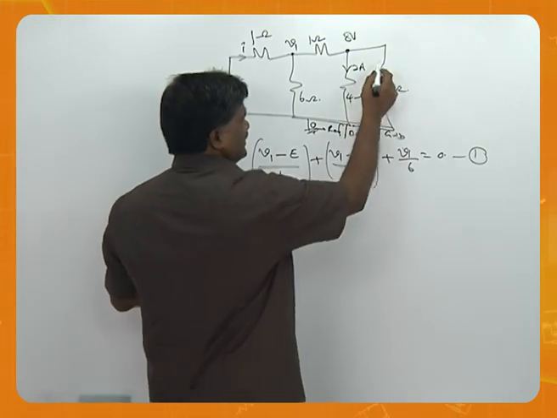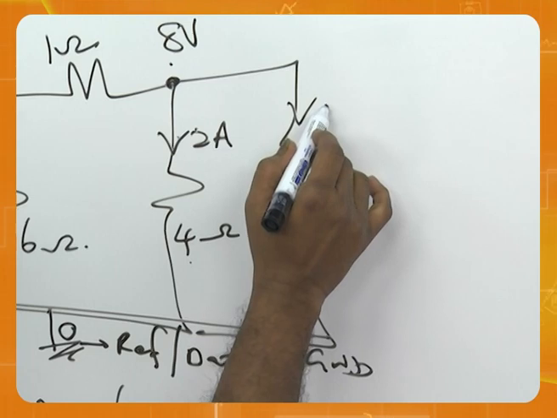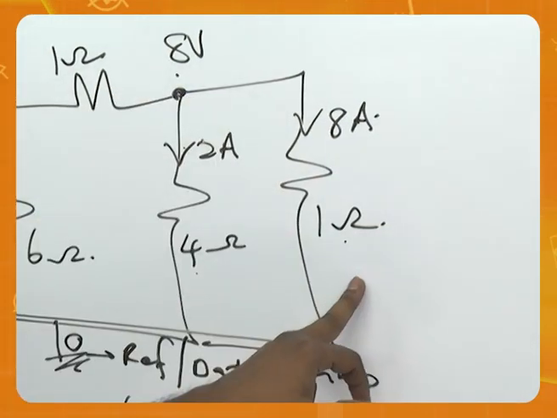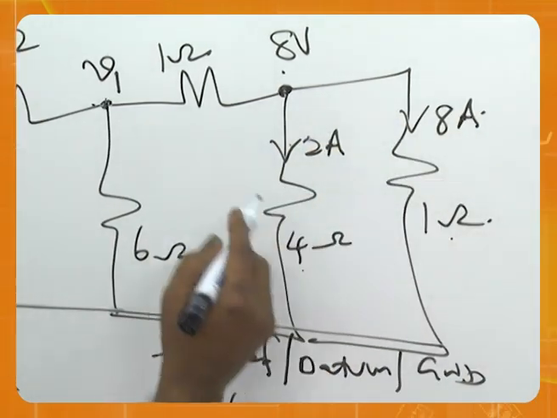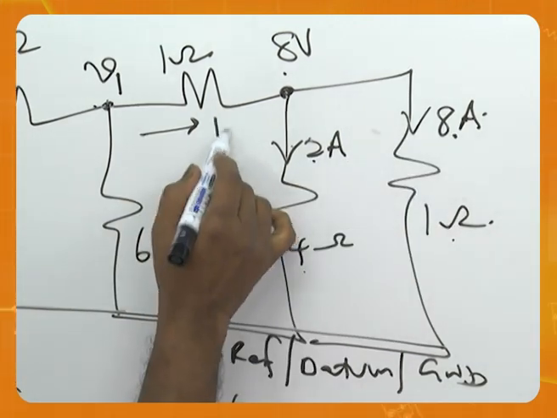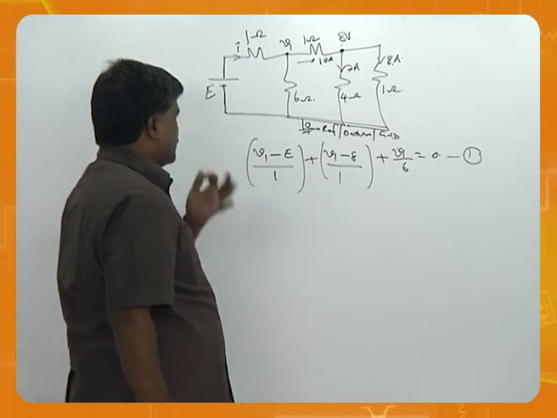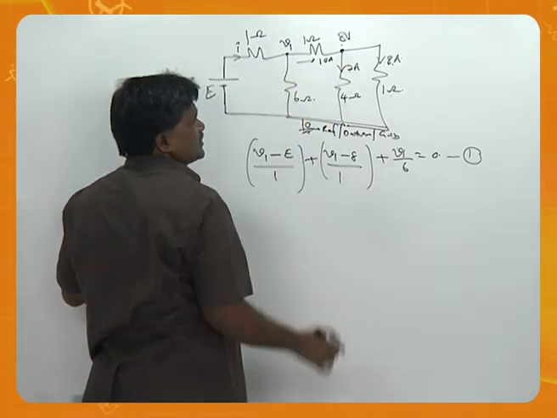This is 8 volts, across 1 ohm, that means you will have 8 amperes. 8 volts by 1 is 8 amperes. Now, can you add this 2? If you add this 2, the entering current would be 2 plus 8 is equal to 10. When 2 plus 8 is becoming 10, then this current is also known to us.